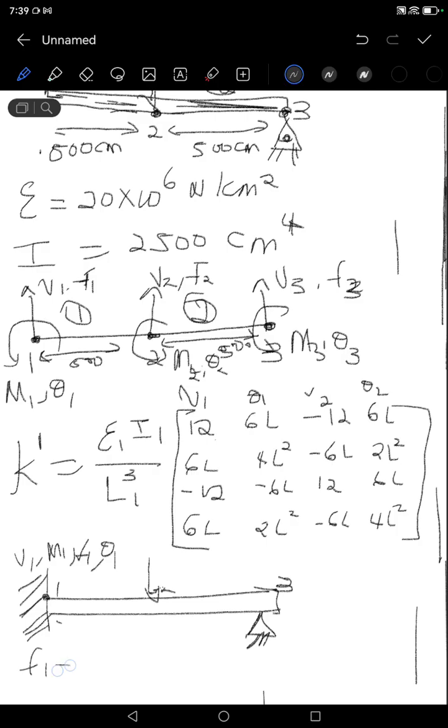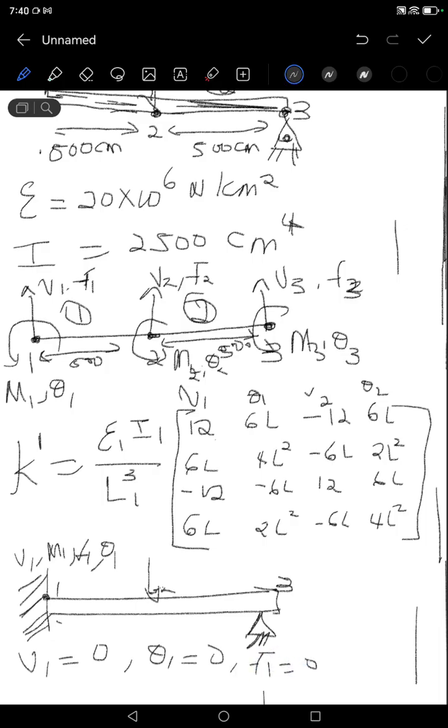So F1 is going to be equals to 0, and then no, I'm lying. Supposed to be V1. V1 is going to be equals to 0, and the theta 1 is going to be equals to 0 because it's fixed, because node 1 is fixed. Yeah, I think even F1 is also 0 because it's fixed.